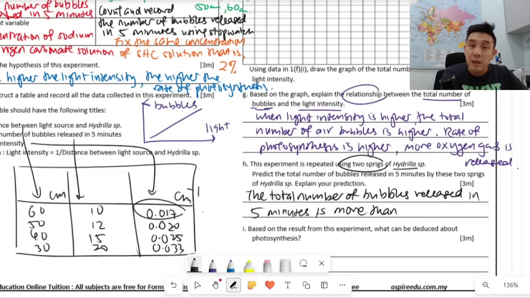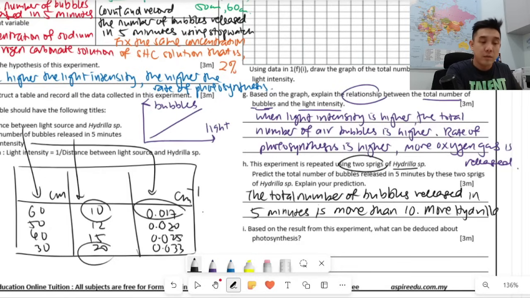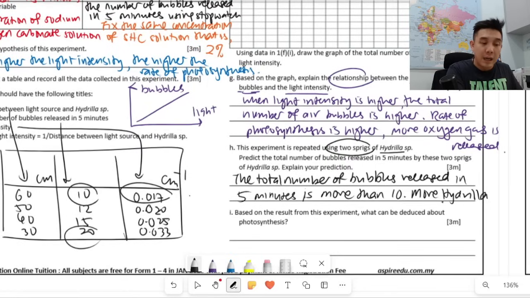Actually you don't need the light intensity also, because they didn't use light intensity, but it's okay. Should we use 10 or 20? No matter what, it will be more than 10. More than 10, okay? Because more hydrilla leads to higher rate of photosynthesis, and more oxygen gas is released.